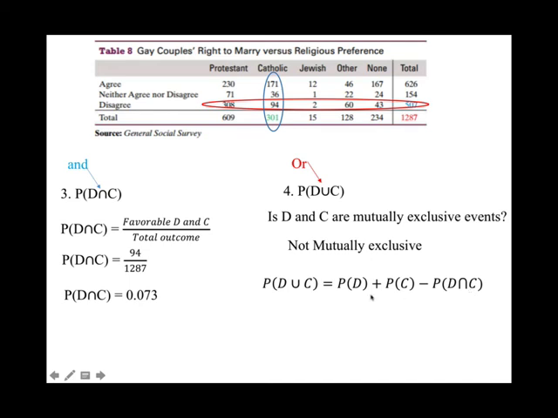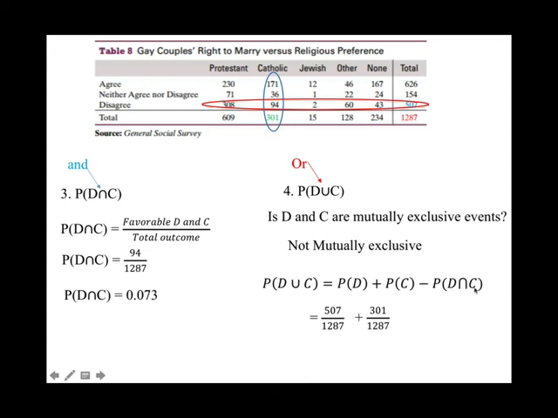Now we're going to use the formula one by one. First, what is the probability of disagree? It's going to be 507 over 1,287. What is the probability of C? It's going to be 301 over 1,287.